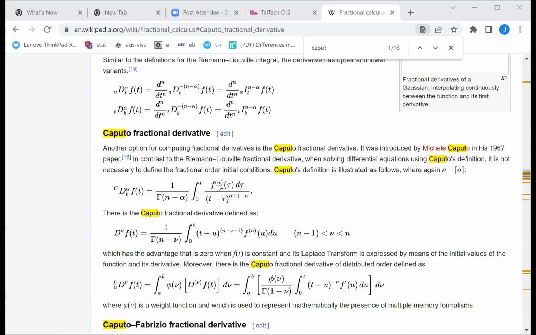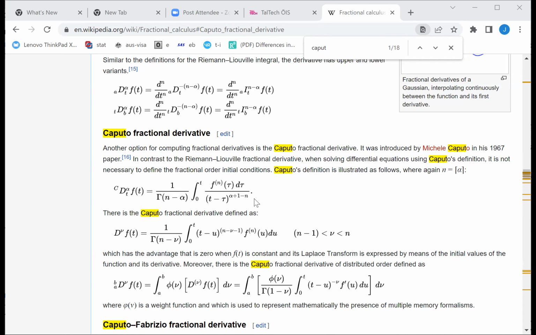You can put different n values. If you put n equal to 1, then this becomes a fractional derivative. For instance, if alpha equals 1/2, then the square root of the derivative is 1 divided by the gamma function of 1/2, times the integral of the derivative of f at tau divided by the square root of t minus tau. That's what it becomes.